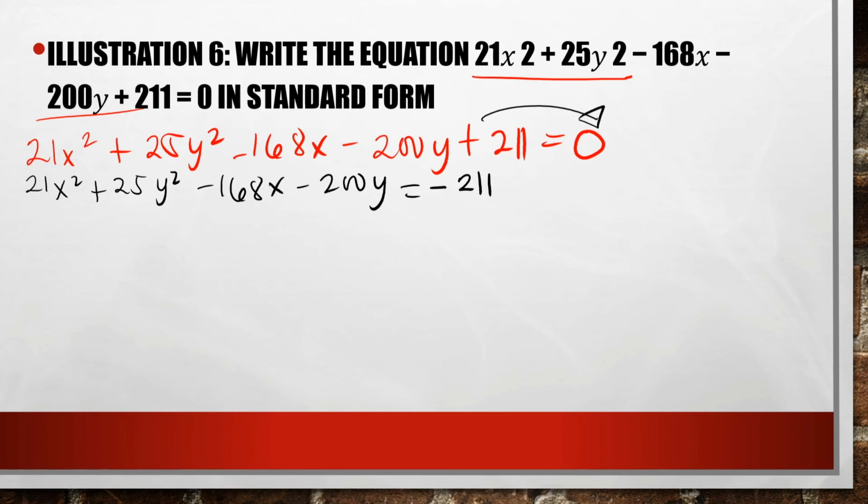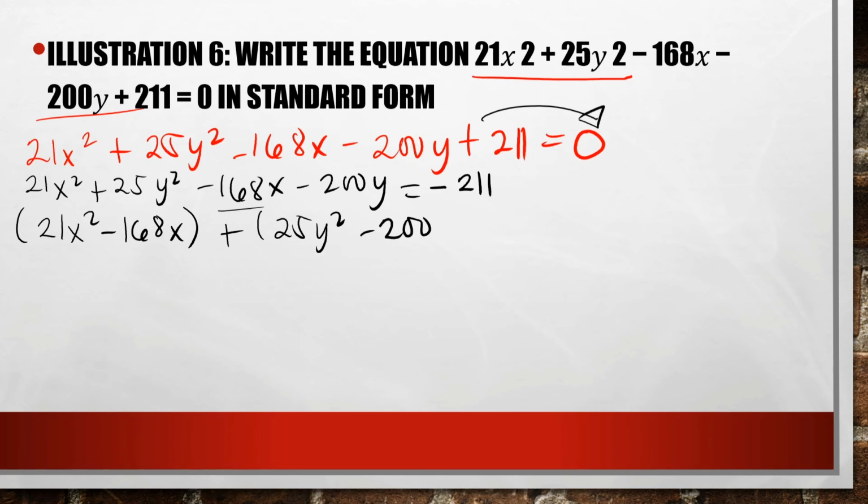So, next is, i-group natin yung x's and y group. So, yung grupo ng 21x squared is yung negative 168, plus 25y squared minus 200y equal to negative 211.